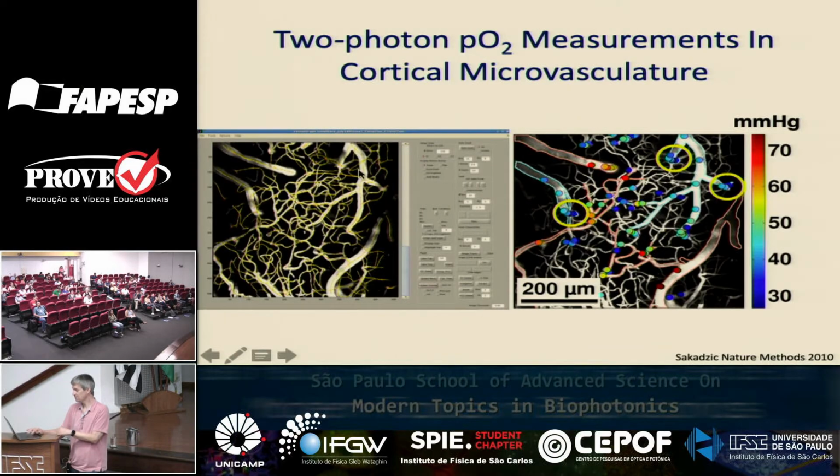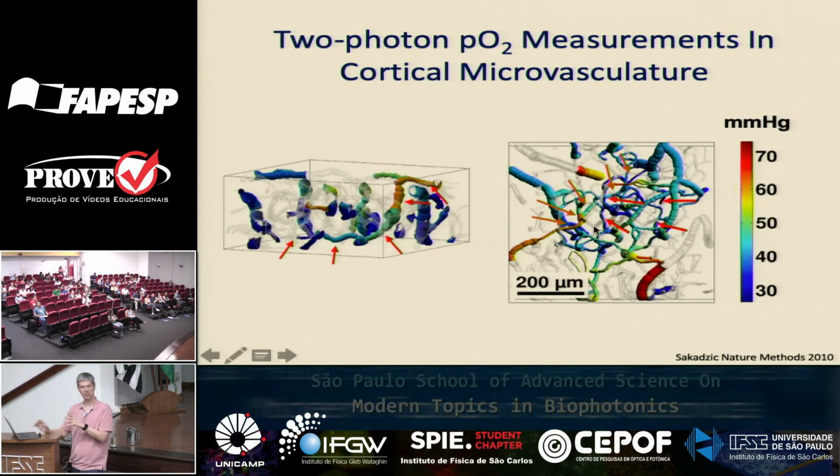We went through this very painful process of graphing this microvascular network, and once we've graphed that microvascular network, we could then take these point measurements of oxygen and interpolate them throughout the vasculature, which then allows you to make really nice visualizations like this. This was the first one we did. So we thought this was incredibly cool.